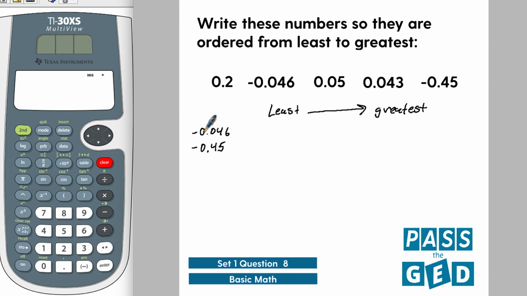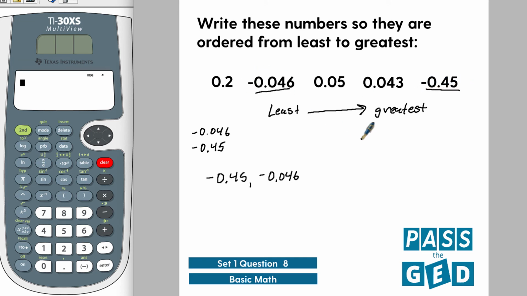The fact that this one is 0.0 means it's closer to 0, which is larger than something that is very negative. This happens to be more negative. So this is going to be negative 0.45. And then we will put negative 0.046.